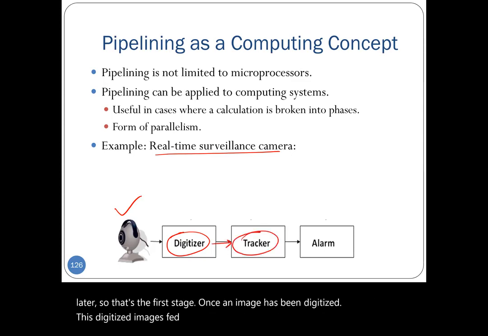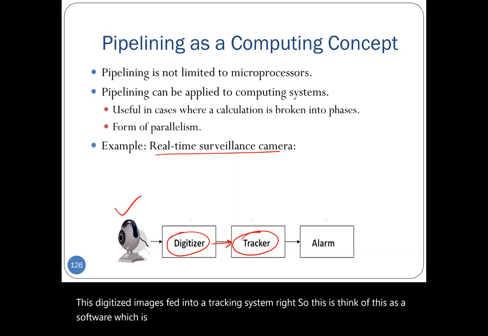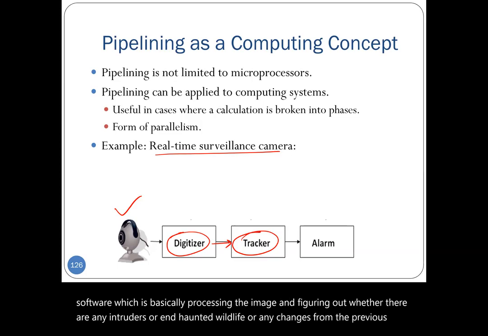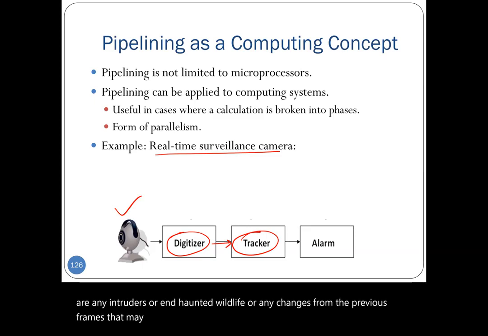Think of this as software which processes the image and figures out whether there are any intruders or unwanted wildlife or any changes from the previous frames that may indicate intrusion. It is looking for such hints in the picture. That's the job of the tracking software.